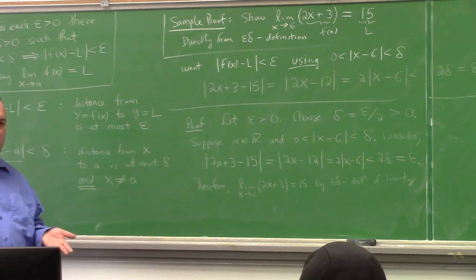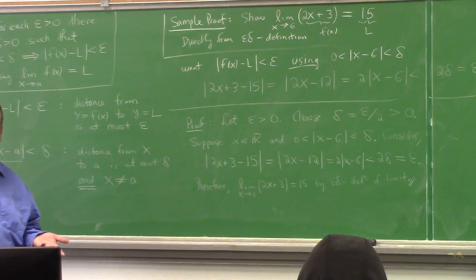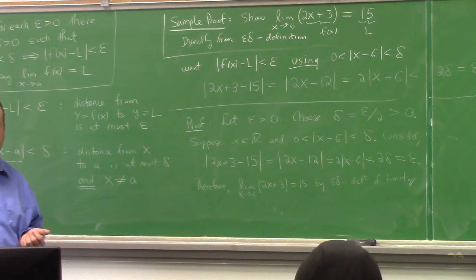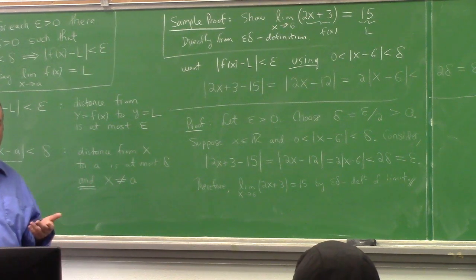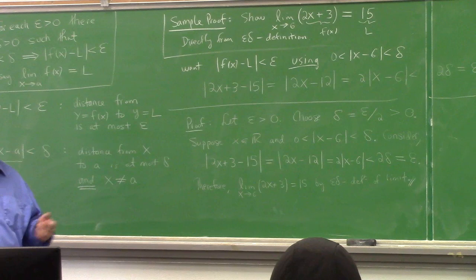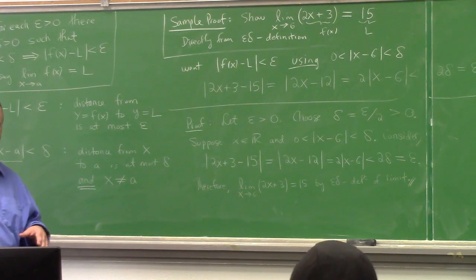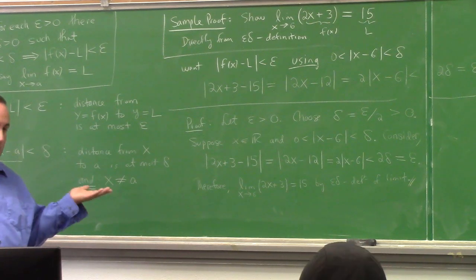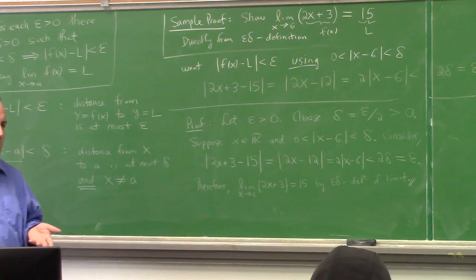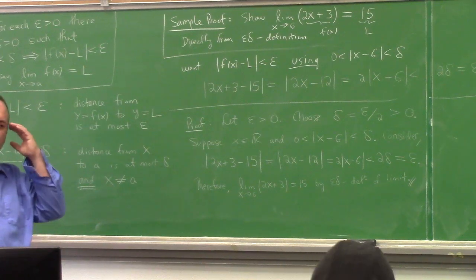I'll tell you right now, if I do put this on the test, it will be exactly this kind of problem. In my notes, I also show you how to go through epsilon delta proofs for a quadratic and for some more exotic things. But as far as the test is concerned, we'll just focus on this linear kind of problem. If you can learn this, or memorize it, great.